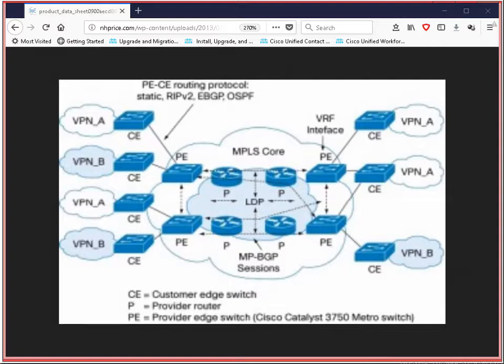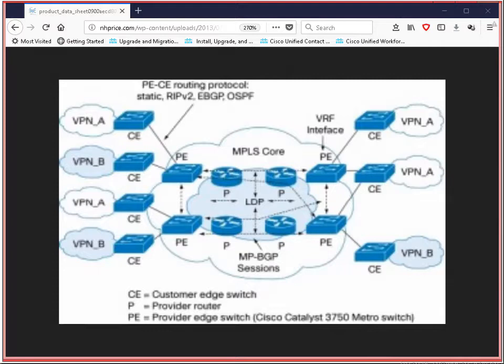What we're trying to do is eliminate the dependence on a particular data link layer technology like ATM, like frame relay, like SONET, like Ethernet, and so on. We're also trying to eliminate the need for multiple layer 2 networks to meet the needs of different types of traffic as well.